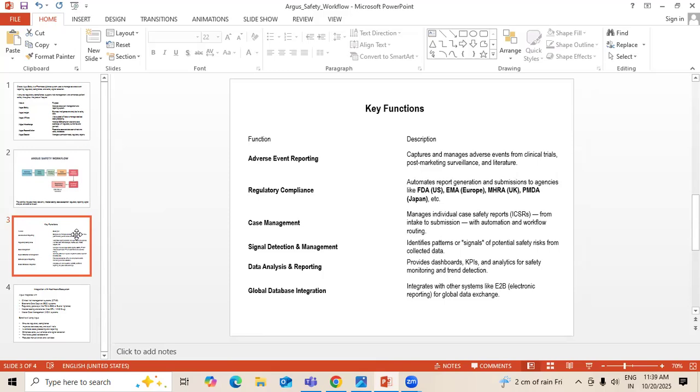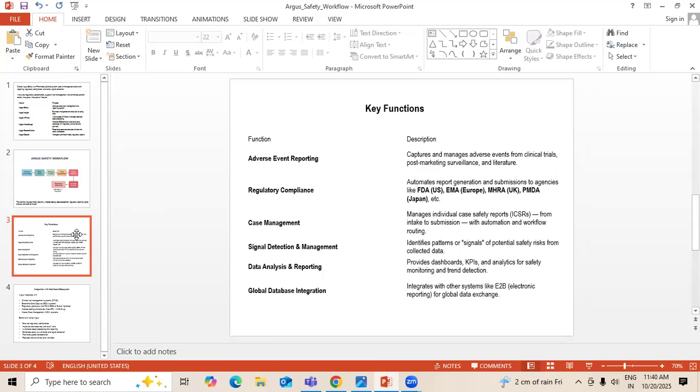Regulatory compliance is used to automate report generation and submissions to agencies like FDA, EMA, MHRA or PMDA. Case management is used to manage individual case safety reports from intake to submission, automating the workflow routine.